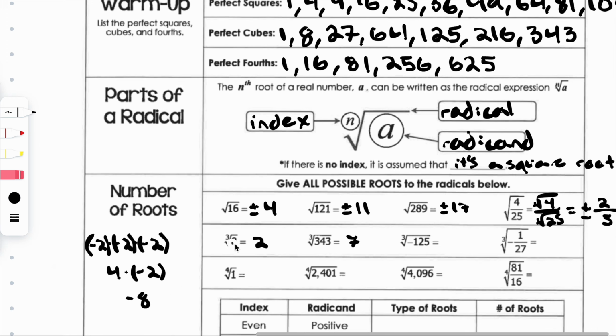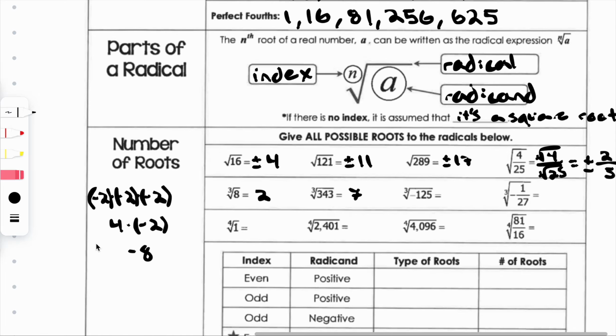And that's not equal to 8. Okay? So this is only positive. Now, if I were to ask for the cube root of negative 8, we would say negative 2, which we just proved, right? We went that way, and now I'm just going backwards.